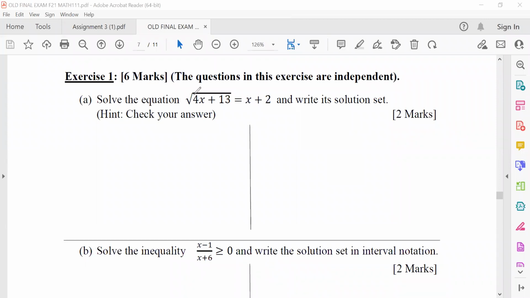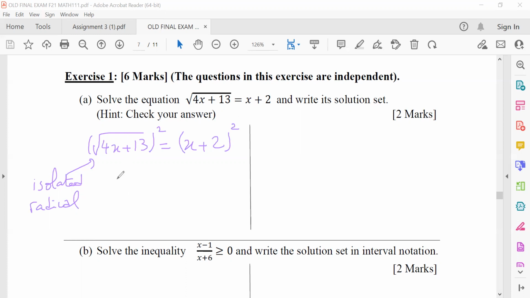So first question, an equation of radical type. This is easy, since the radical is isolated on one side, we can directly square both sides.